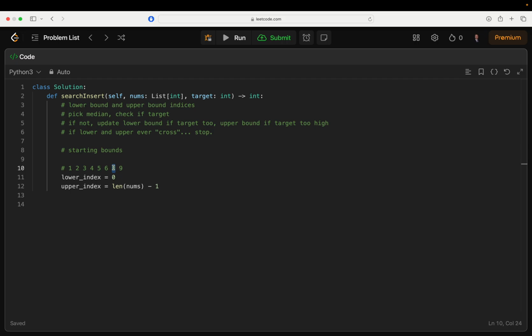I'm just trying to remember where the stopping point is. I know it's when the upper bound and lower bound start to cross, but I forget how we would find the new index for the target. Right now it will definitely work for when we find it.